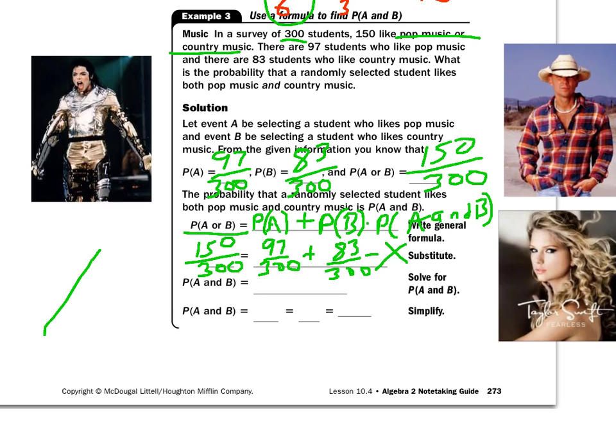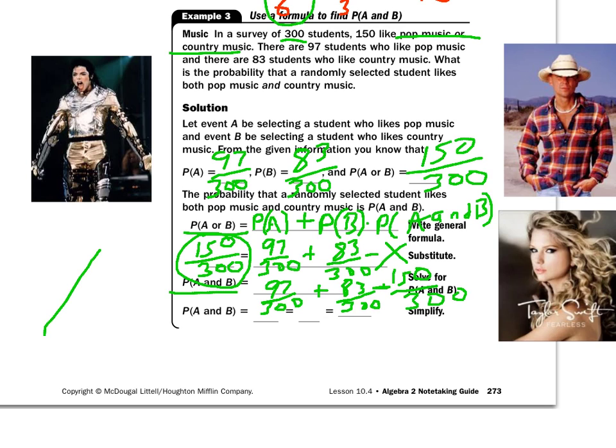So if I add X to this side, so if I add probability of A and B to this side, and I subtract this to the other side, I end up with 97 over 300 plus 83 over 300 minus the 150 over 300.